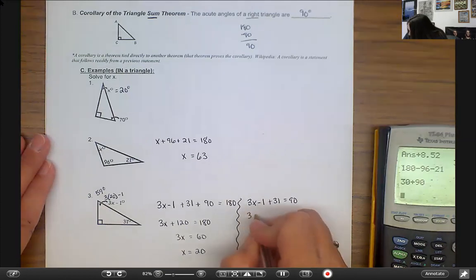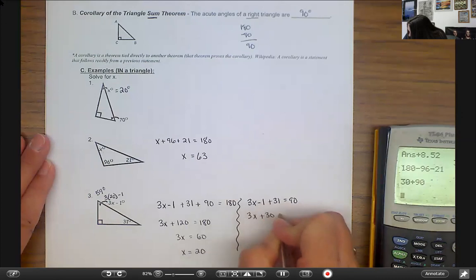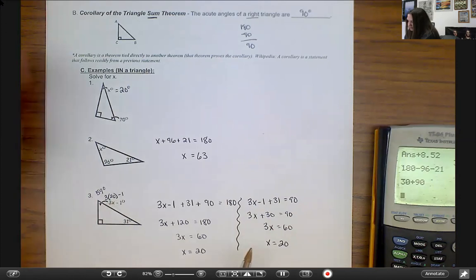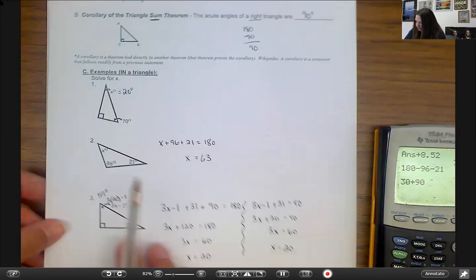So it would be 3x plus 30 equal to 90, 3x equals 60, and x equals 20. So still the same values. But again, once you find your value for x, make sure you're taking that angle measure and plugging that back in, to make sure you can calculate what that angle measurement should be.